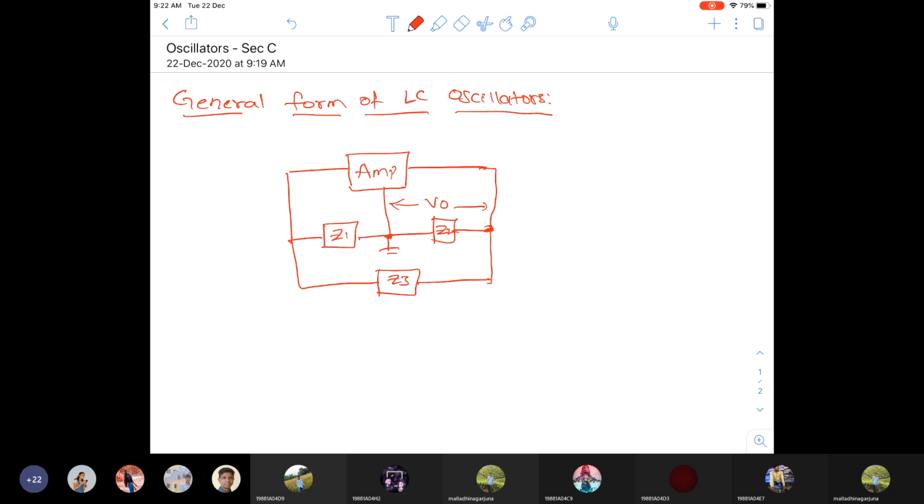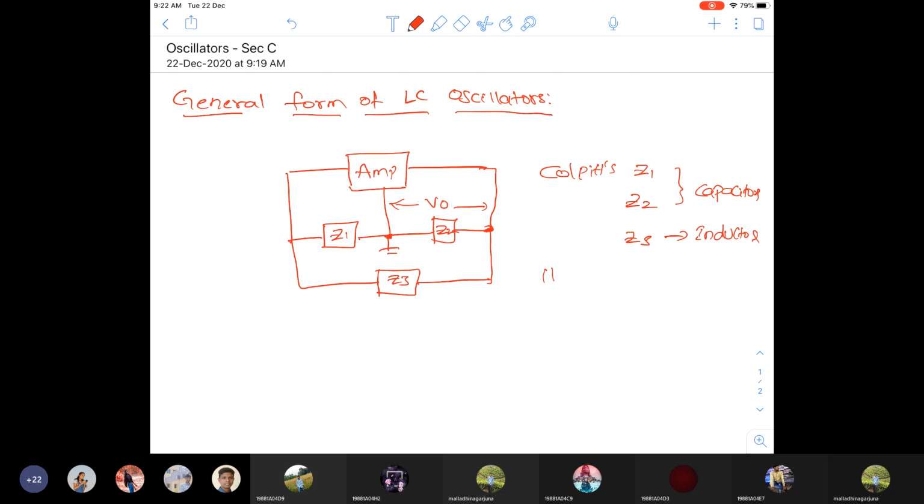Here Z1, Z2, Z3 are inductors and capacitors. For the Colpitts oscillator, Z1 and Z2 are capacitors and Z3 is the inductor.